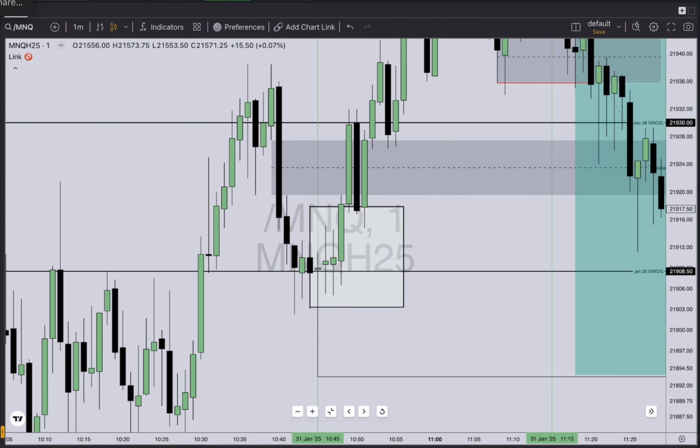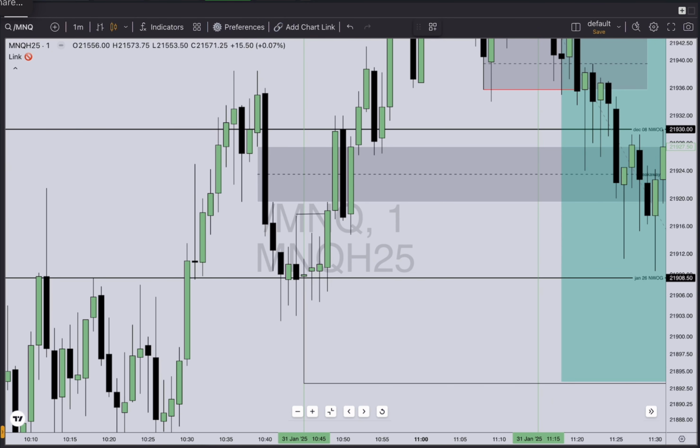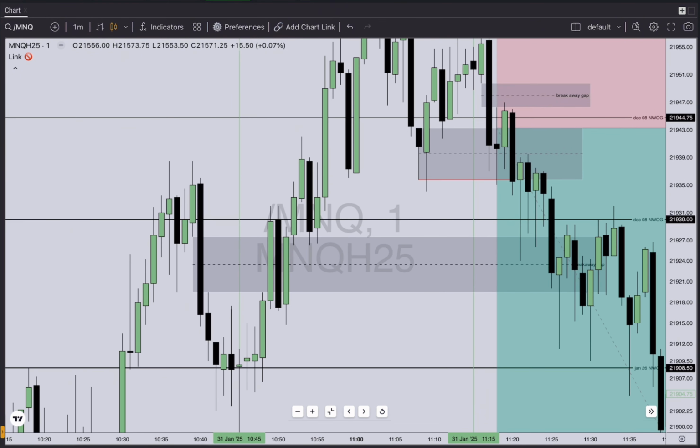And as soon as we close above the wick, this is now considered an order block. And we can see here how price closed above, came back down, respected it, and then continued higher. You can see that, right? So that's a bullish order block.